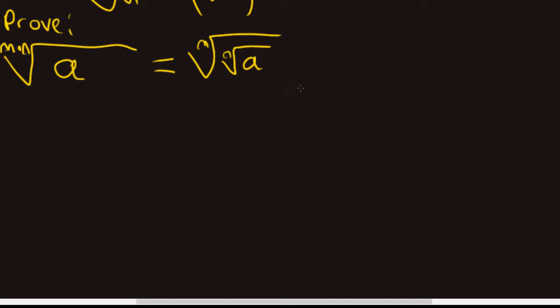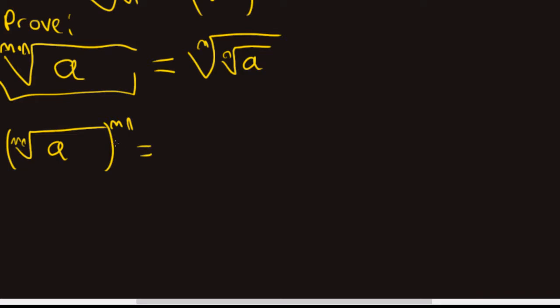Well, we can prove that by definition. By definition, if we took this and raised it to the mth power, so that would look like this: the mnth root of A raised to the power of mn. What does that have to be?